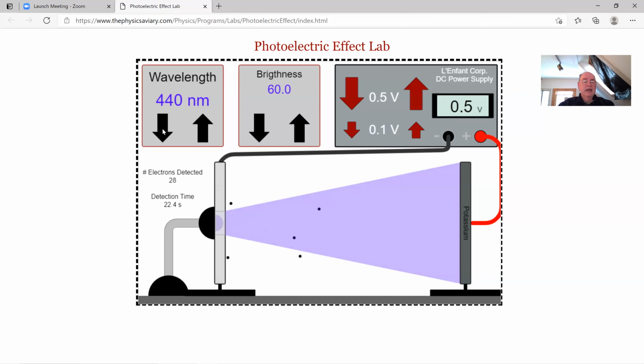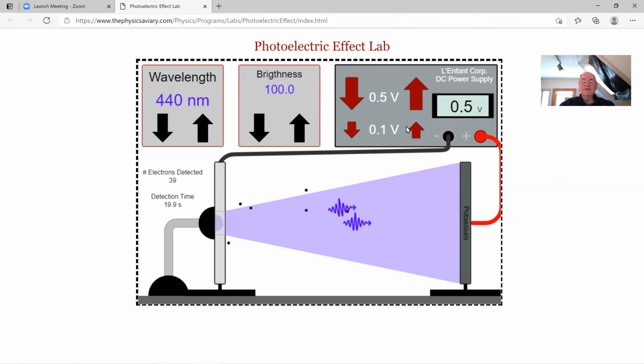Just take a look for a minute and see how many electrons are coming to the collector plate, on average. There they are, floating in. Let's pick up the brightness now, to 100. So a lot more light is hitting the plate, and we're not surprised that a lot more electrons hit the collector plate. With a brighter light we get a bigger current. We should also get more energetic electrons, right?